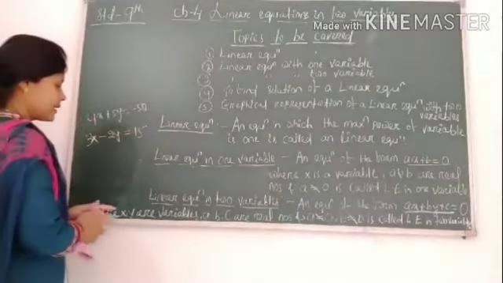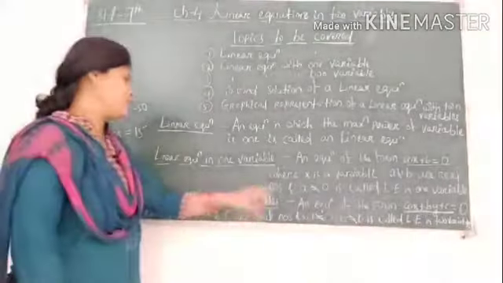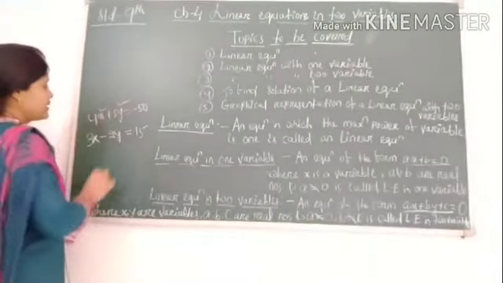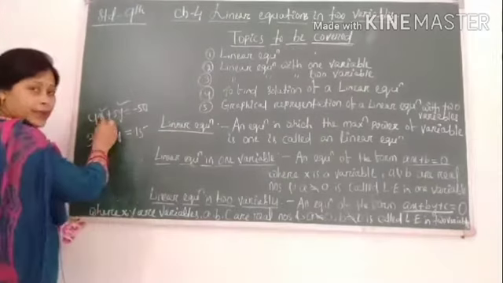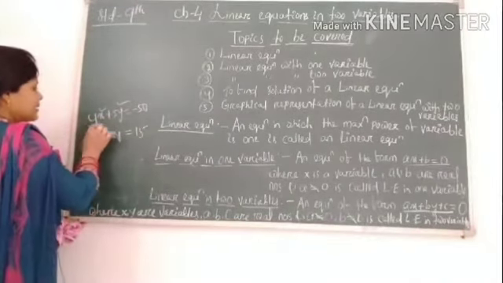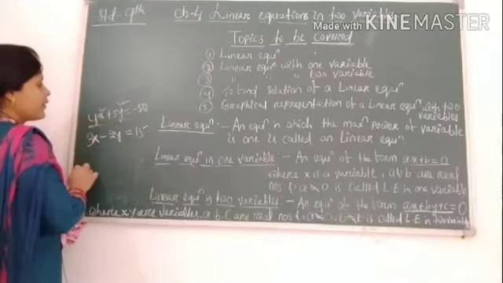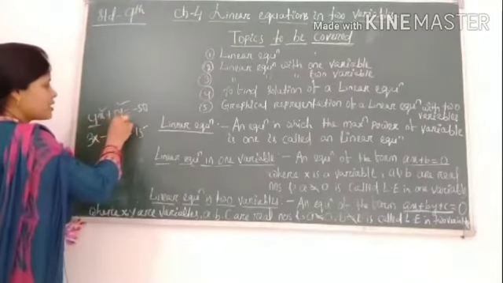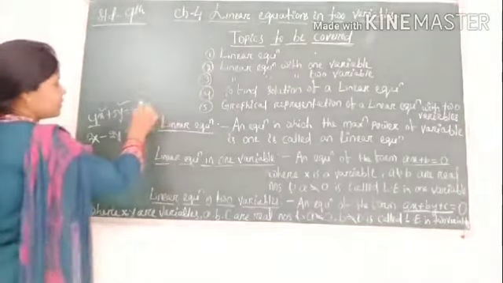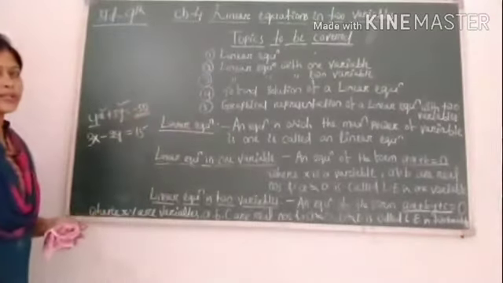You can write any example. These are examples of linear equation in two variables. Look here, two variables are present. x is one variable and y is another variable, and this 4 is the coefficient of x, 5 is the coefficient of y, and this number is nothing but the constant.